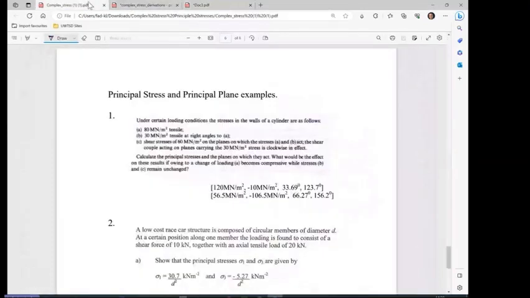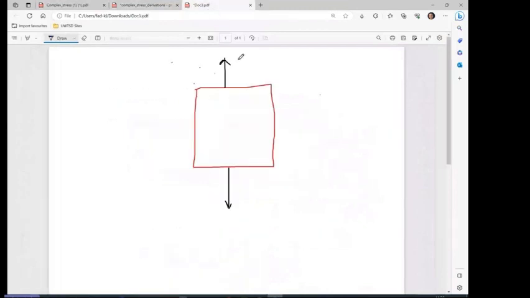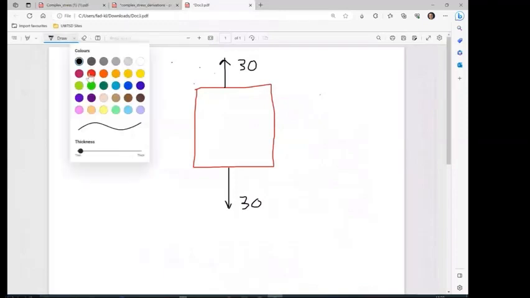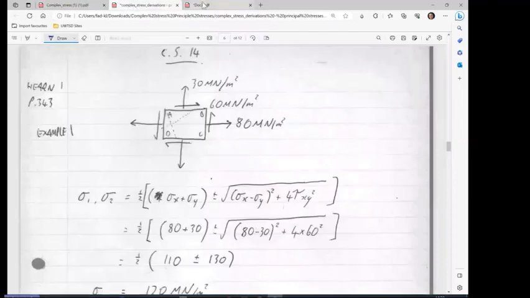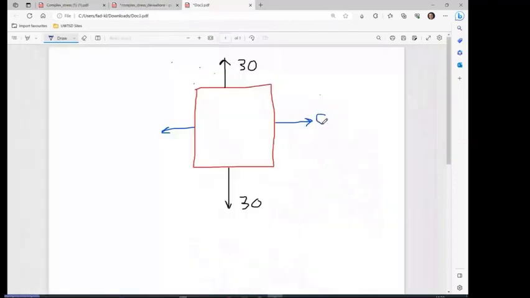It was 30 megapascals, wasn't it? So we've got 30 megapascals there, and 30 megapascals there. Sigma x in this direction, as we've drawn it, sigma x was 80 megapascals. So we've got 80 megapascals.